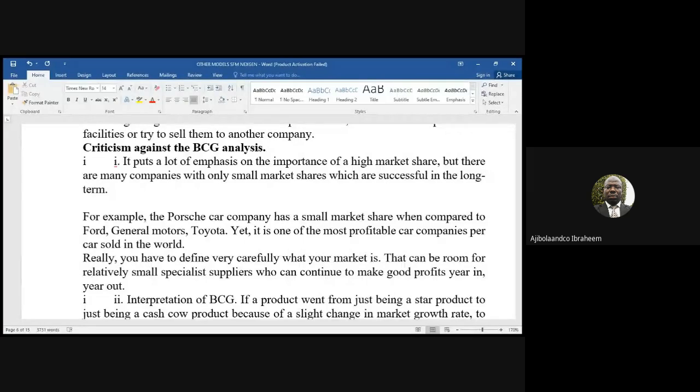So the portfolio management aspect is that in the beginning, the first one we call question mark or problem child. One of the questions we ask is, where are we going to find money to finance promotion and advertisement to gain acceptance in the market, to have a high market share too?